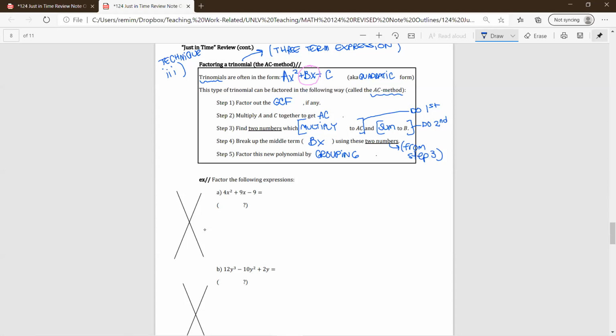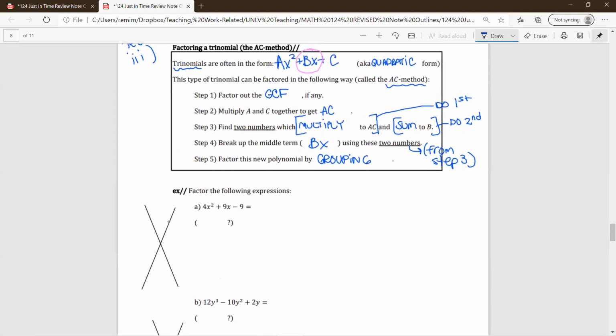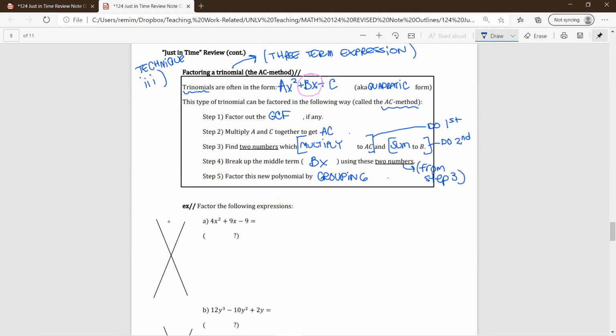I started teaching at a different college and they used this little X device and I actually thought it was helpful, so I'm going to use it here. So it's just kind of like a little organizational device that you can use.